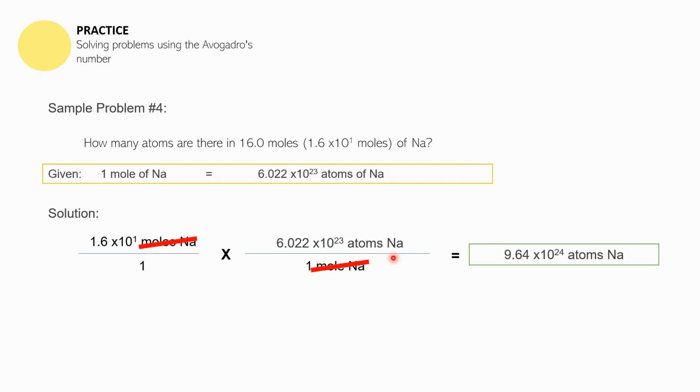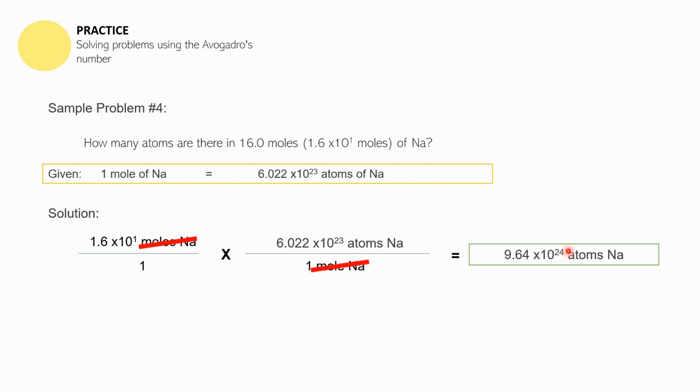So if you have 1 mole of sodium, that is equivalent to 6.022 times 10 raised to the 23rd power atoms of sodium. But if you have 16 moles of sodium, that is equivalent to 9.64 times 10 raised to the 24th power atoms of sodium.